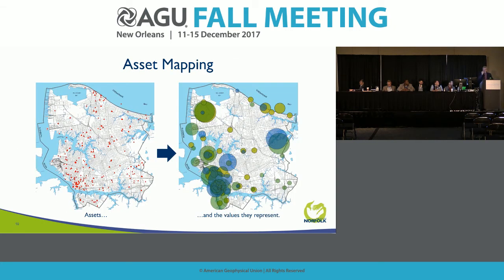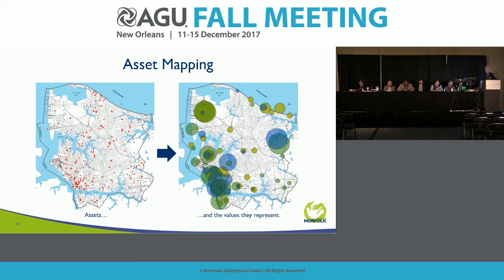What we did was we decided to go out to the citizens. Several people have already talked about the fact that it is absolutely critical that everything we do in planning should be a bottom-up approach. Because when you're talking about a resilient future, it's the citizens that are going to make that resilient future. It's not the government.